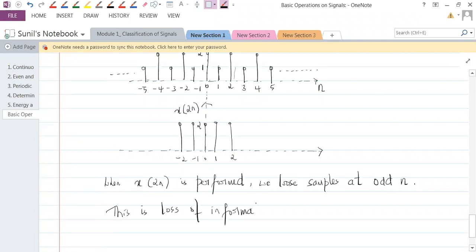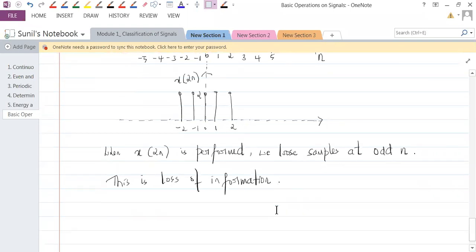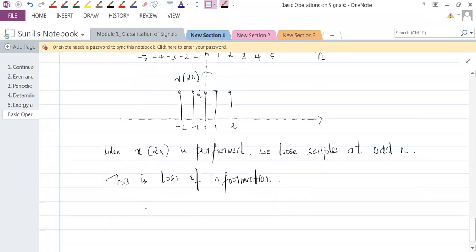Any sample is information, so losing any sample is loss of information. Therefore, scaling discrete time is not advisable. That means we don't advise you to scale the time in discrete signals because that leads to loss of information.